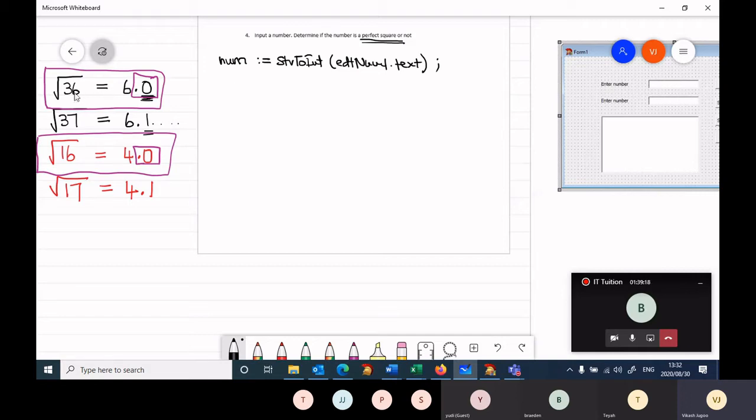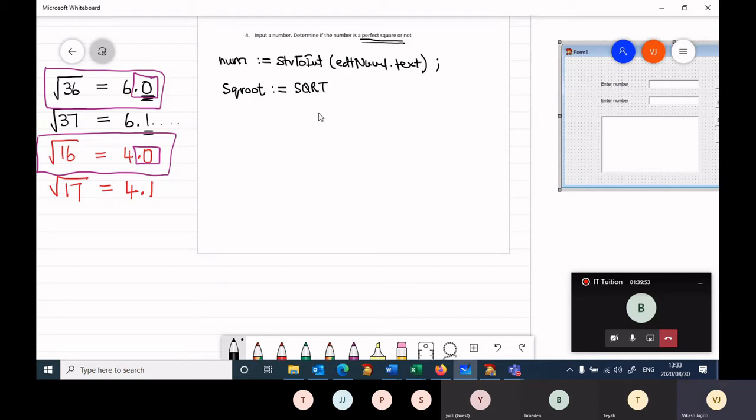Now, if you look at how we looked at solving this question, it required you using the square root. So there is a predefined function called square root, sqrt, and I'm now going to work out the square root. So I'll call it sq root, my variable, and I'm going to make use of sqrt.